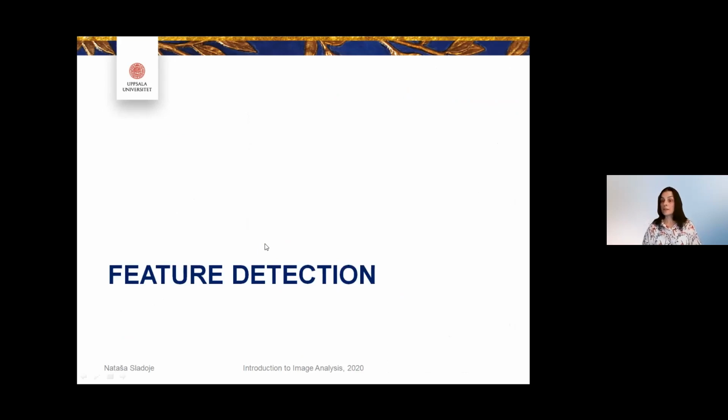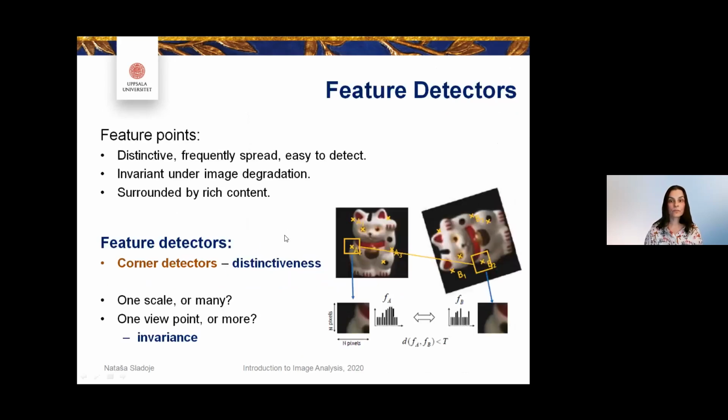So let us say something about the feature detection step. We said what we would like our feature points to be. They should be distinctive, frequently spread in the image, easy to detect preferably. They should be invariant under image degradation, and they should be surrounded by rich content.